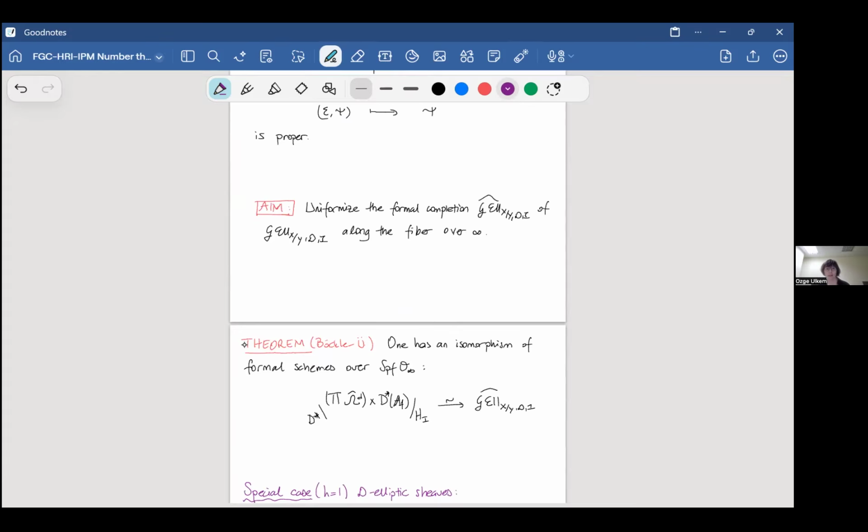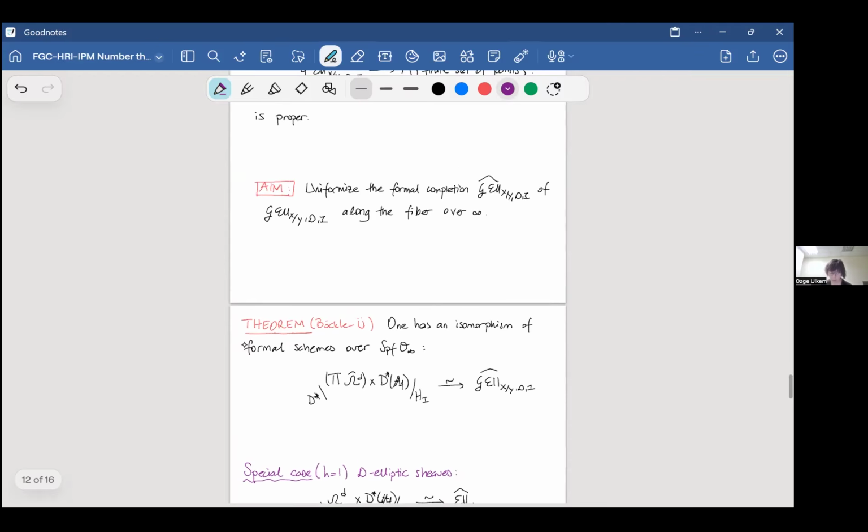So, okay, then let's uniformize this nice compact moduli scheme along the fiber over infinity. Great. This is another theorem in my thesis, and we have an isomorphism of formal schemes over this affine formal scheme, Spf O_infinity, where here A_F is the adeles, and H_I is an open compact subgroup of this, related to level structure, and H_I only acts on the adeles, and D star acts on both.